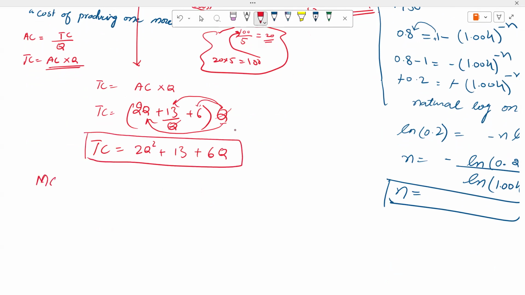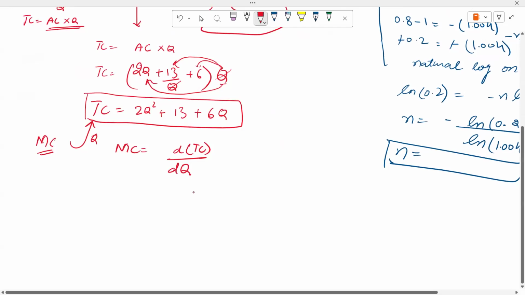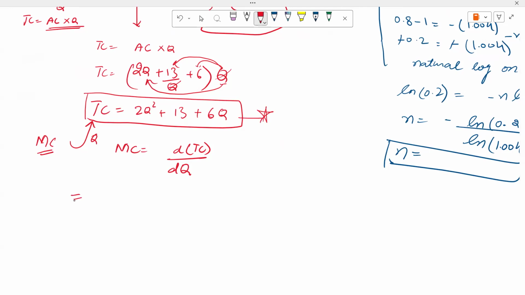Now, marginal cost, I told you, is the derivative of total cost with respect to Q. So marginal cost is technically the derivative of total cost with respect to quantity. So you would simply take the derivative of this equation, right? What would be the derivative of 2Q squared? 2 into 2Q, power 2 minus 1.